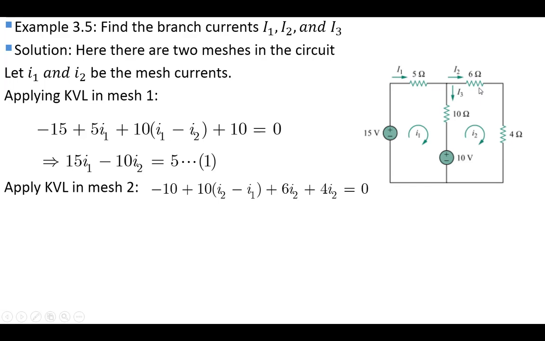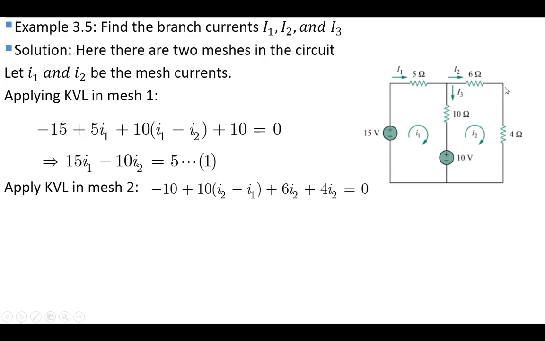Next, we continue traveling in the clockwise direction. From this point we travel from left to right, so we encounter the 6 ohm resistance. It is not common, it is only connected to mesh number 2, so there will be only one current, that is I2. The voltage across the 6 ohm resistance, using Ohm's law, is 6 multiplied by I2.